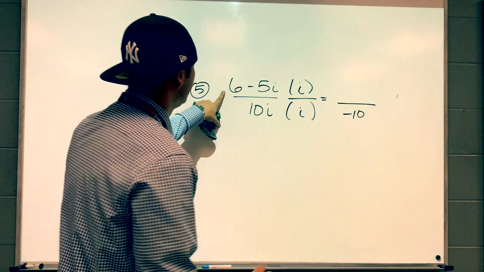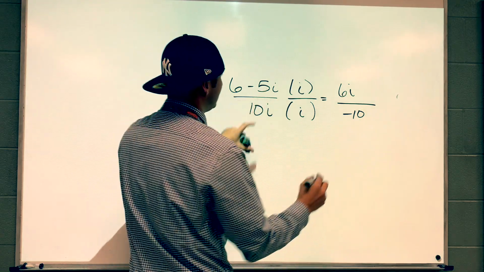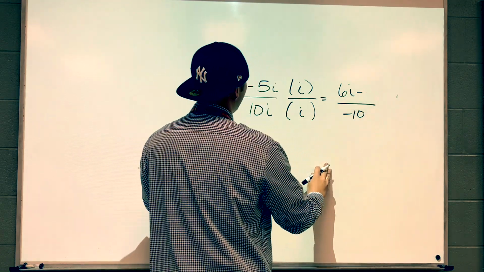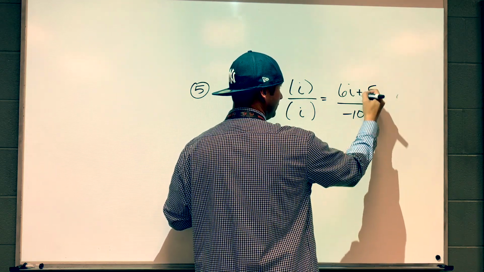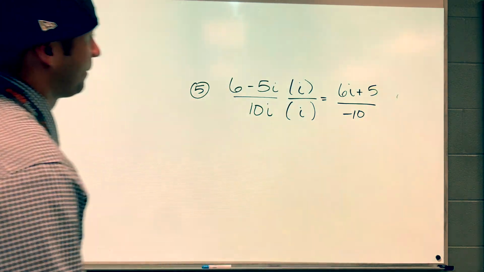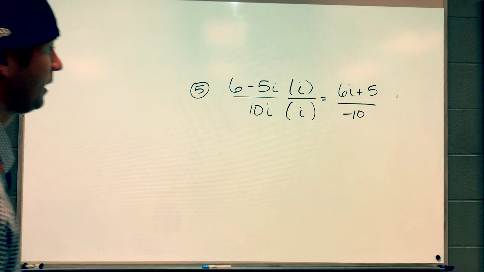This would be 6I minus 5I squared, which is -1, which is basically the same answer, right?